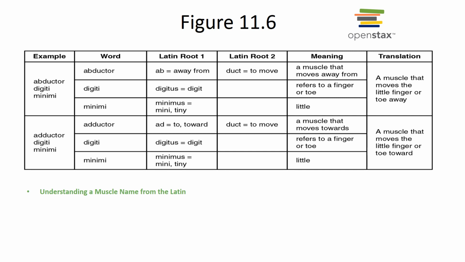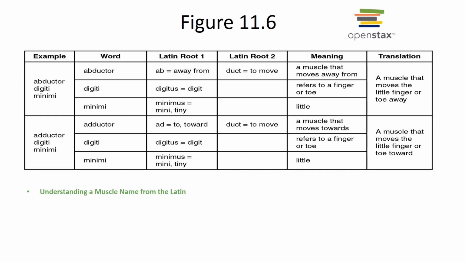Now, this slide shows how muscles can be named sometimes. Muscles can be named based on their shape, their movement, their fascicle organization, their action, for example. This just gives you some examples looking at, for example, an abductor.